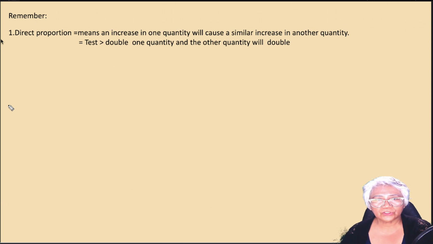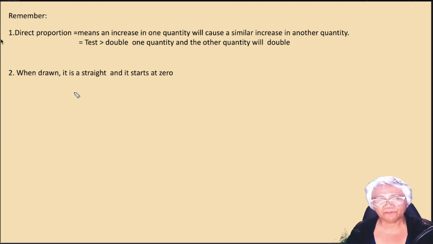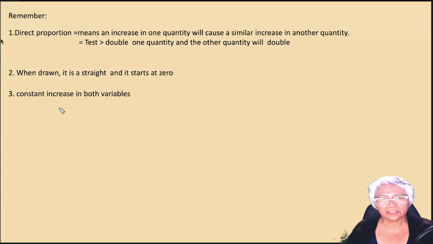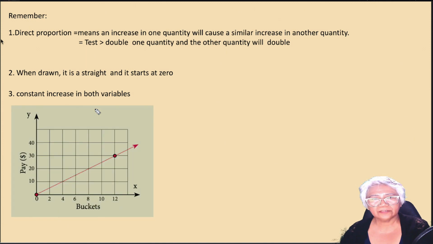Okay, so what else do we need to remember? When drawn in a graph, the graph is a straight line and it starts at 0. Okay, the next one is the constant increase in both variables.